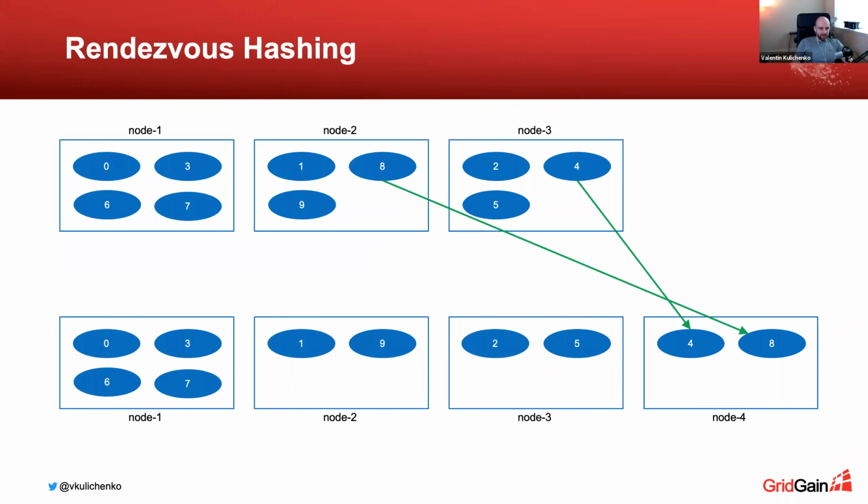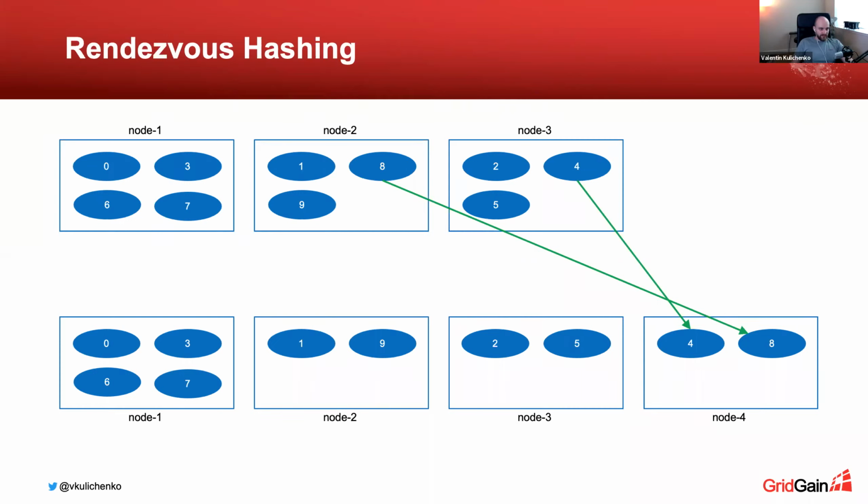So we have again a certain distribution with 3 nodes, a certain distribution with 4 nodes, and we have these 2 green arrows which depict the data movements that we're looking for during rebalancing, and there is no data movement other than that.